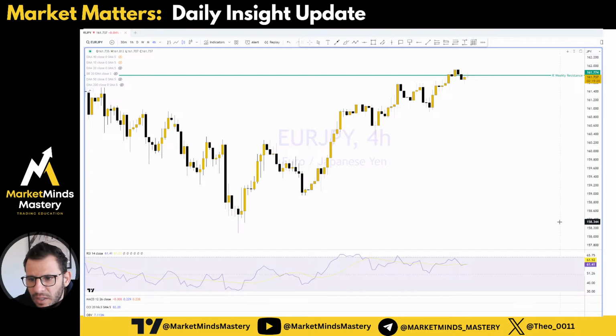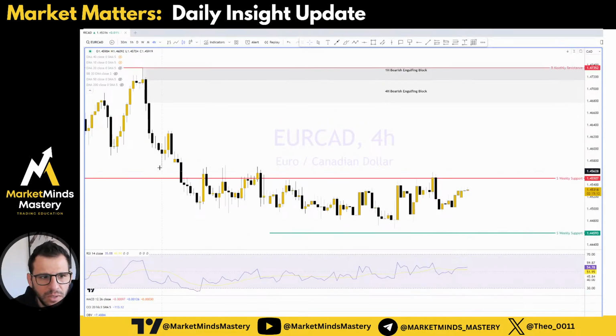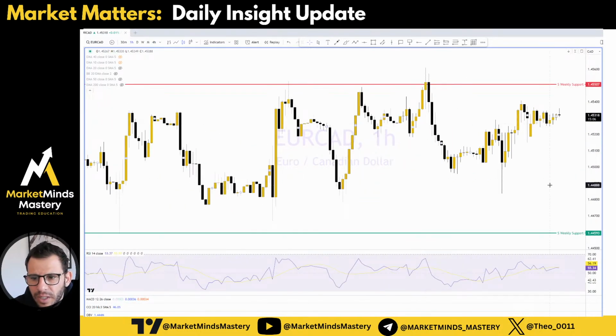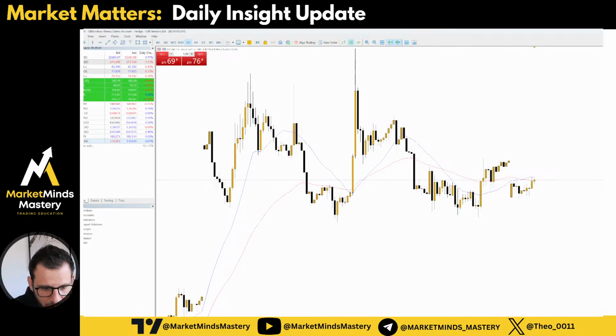Okay, let me show you a trade that reveals this one. I think it was the one I traded on Euro Canadian dollar. Last week I took this trade here, and let me see, I think I have it easier here.